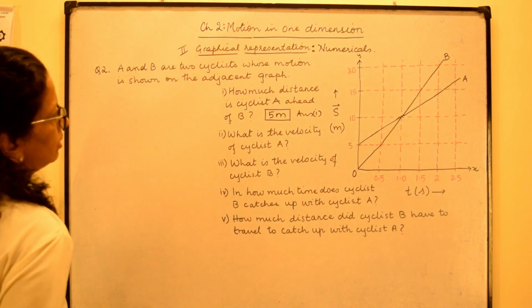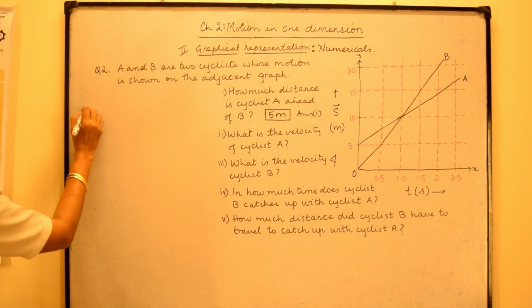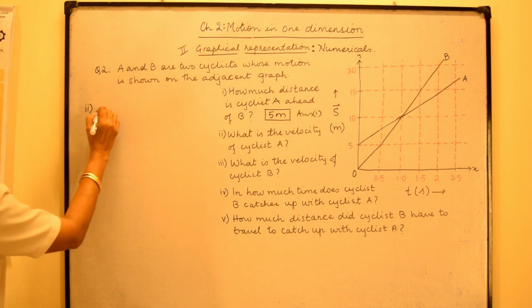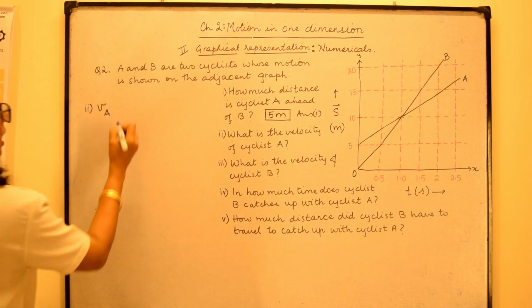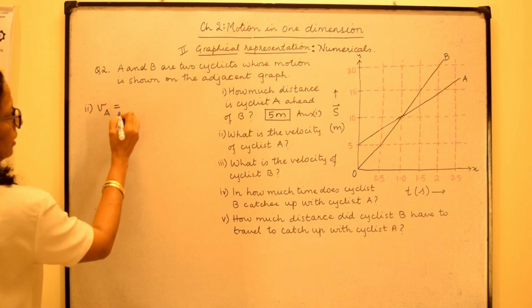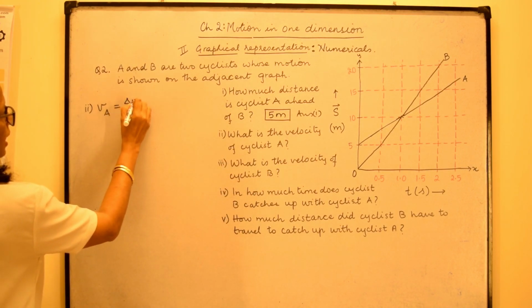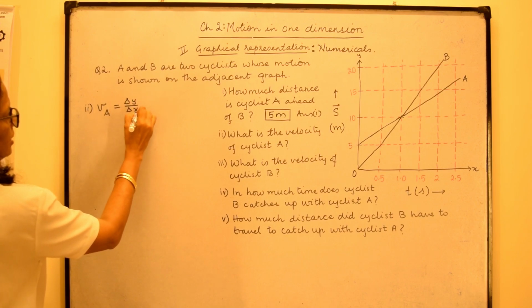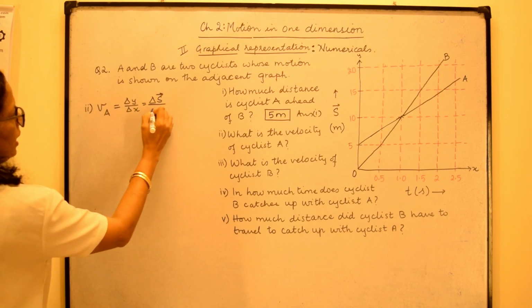Second part says what is the velocity of cyclist A. Now for velocity, the velocity of A, I'll simply call it VA. We will have to take the graph of cyclist A and do delta y by delta x, which is delta s upon delta t.